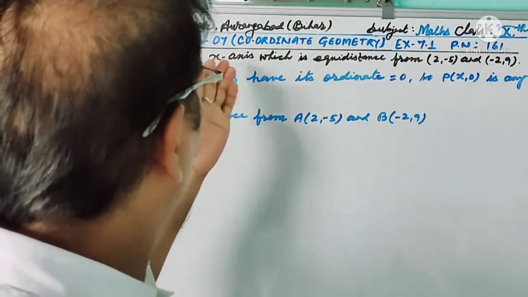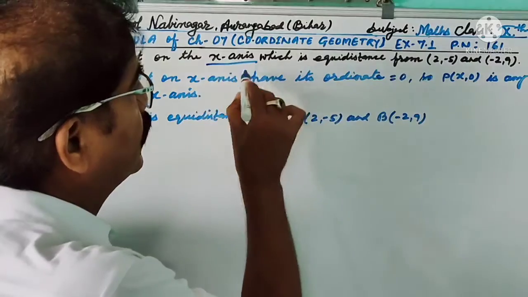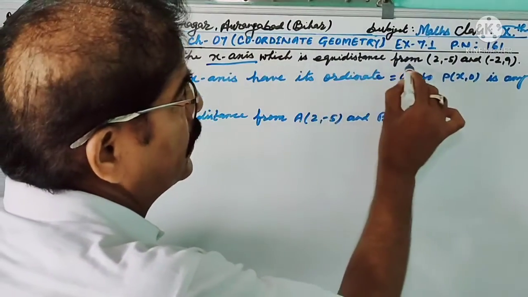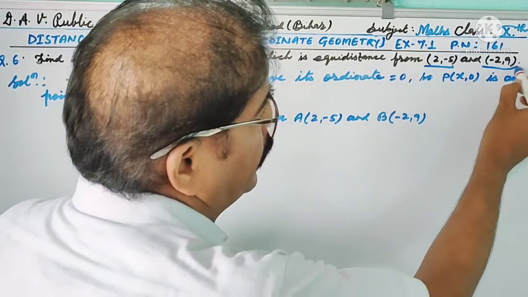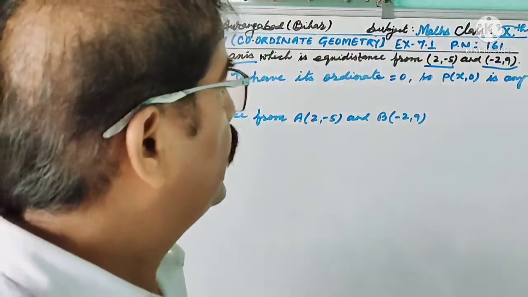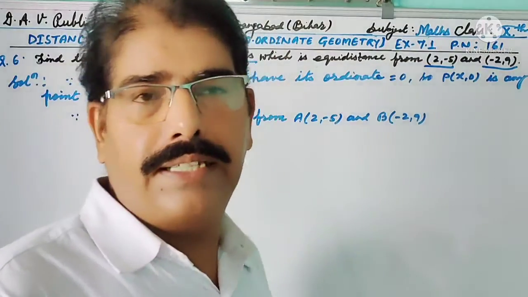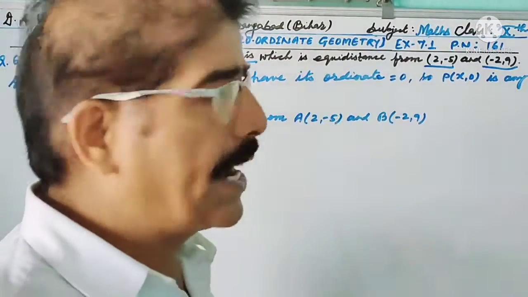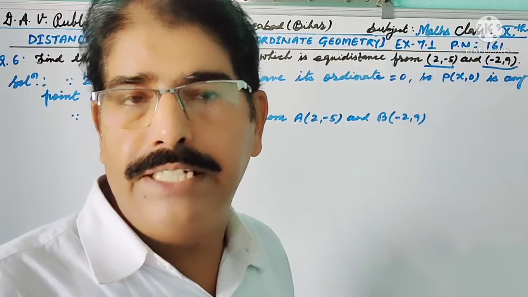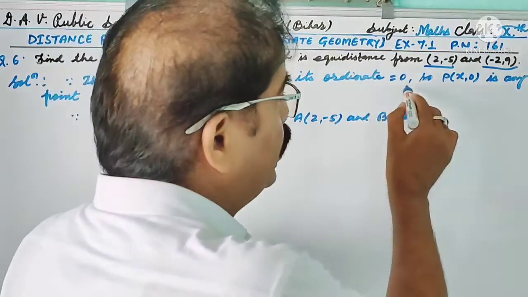And the next question is: find the point on the x-axis which is equidistant from (2, -5) and (-2, 9). Dear students, we know that the point on the x-axis has its ordinate equal to 0.